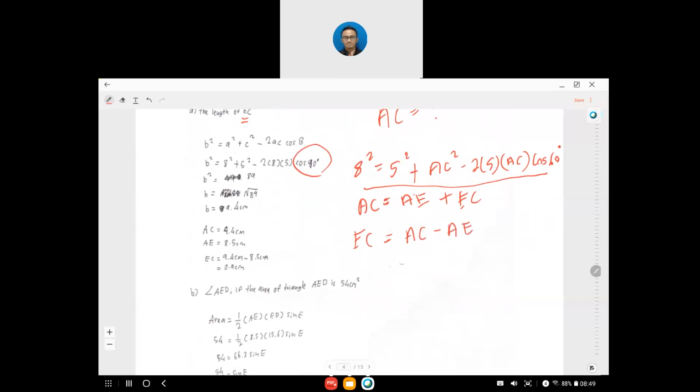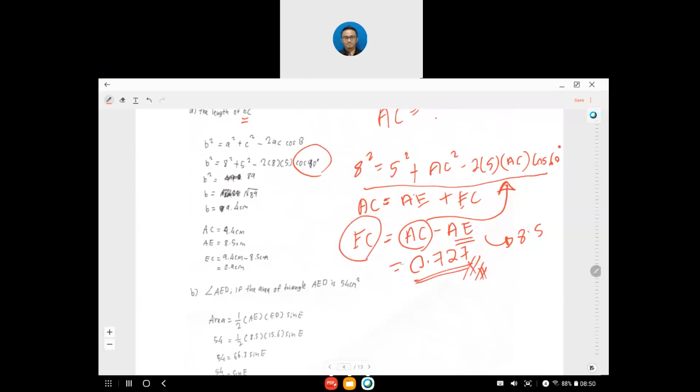This one, you can get the final answer is 0.727, around that figure. Because AC you get from here, AE is 8.5. Do you get this one? 0.727. This value is for EC.